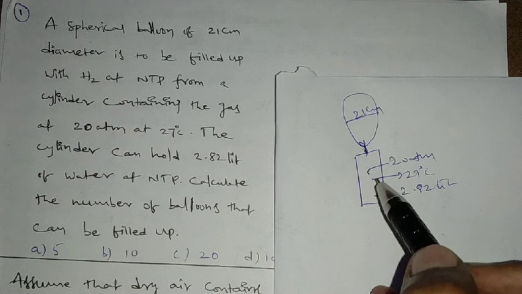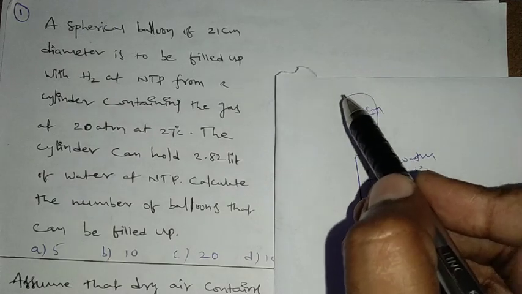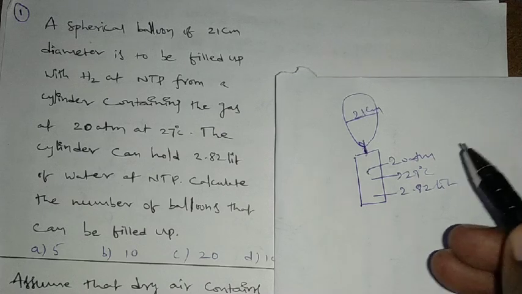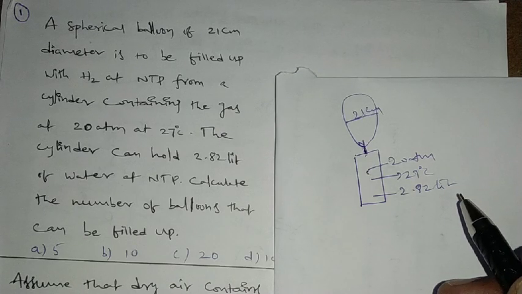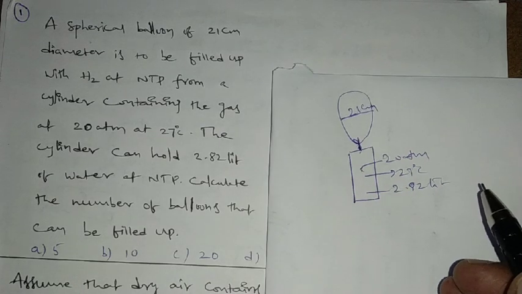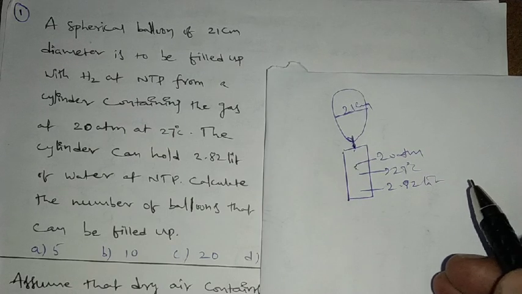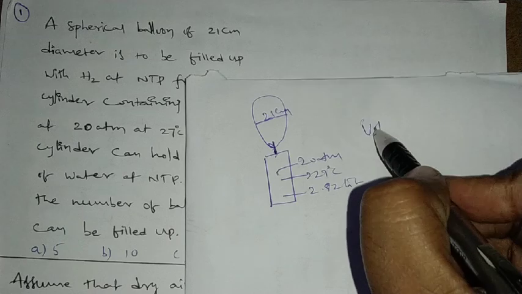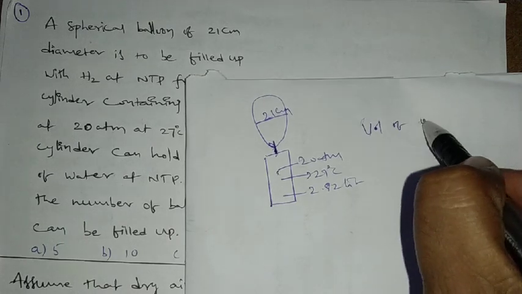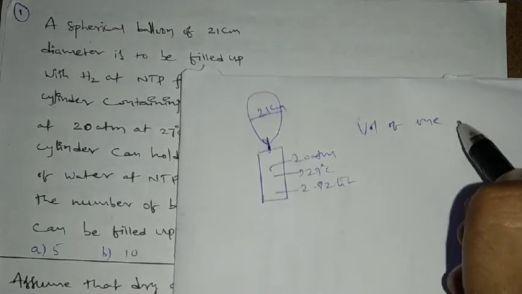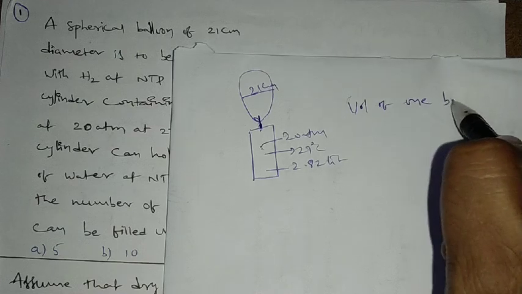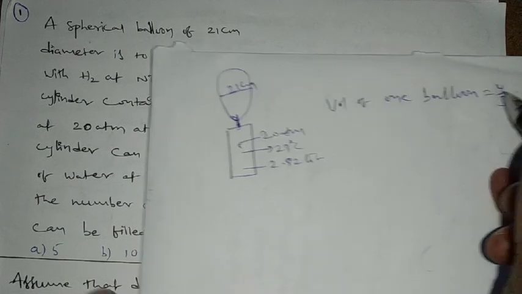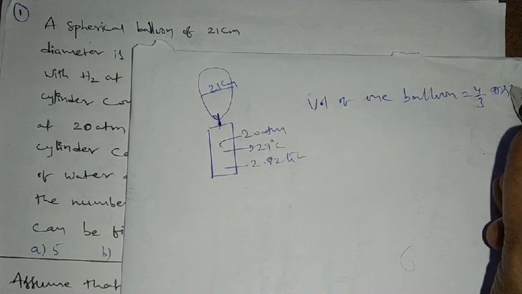First, we should identify the volume of the balloon, then how many balloons we can fill. As per the ideal conditions, we shall check it. First of all, what is the volume of the balloon? Volume of one balloon is equal to 4 by 3 pi r cube.